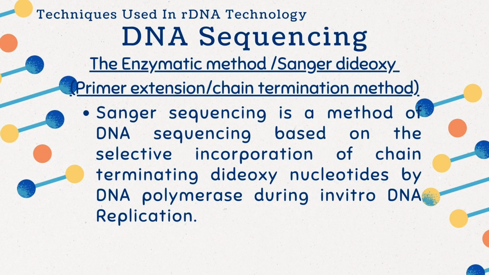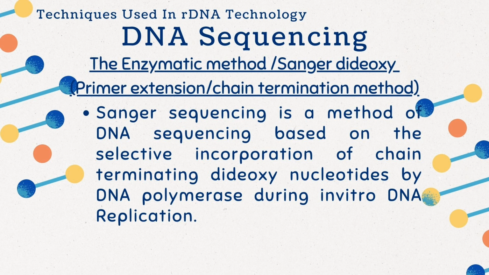So, in the second to the last, Sanger sequencing is a method of DNA sequencing based on the selective incorporation of chain-terminating dideoxynucleotides by DNA polymerase during in vitro DNA replication. So, Sanger sequencing, ito ay paraan para ma-figure out yung order ng sequence of DNA, no?